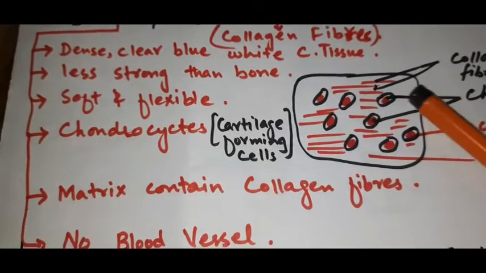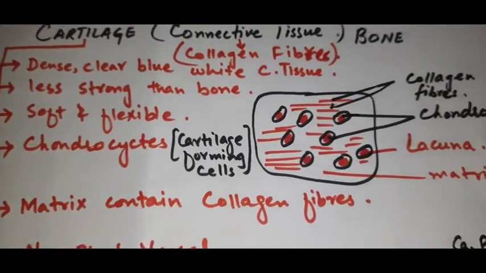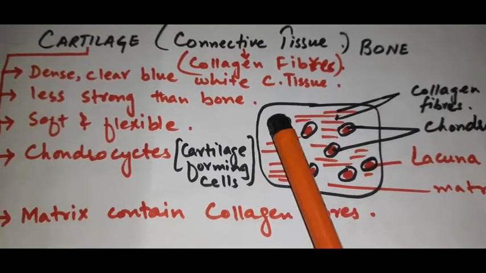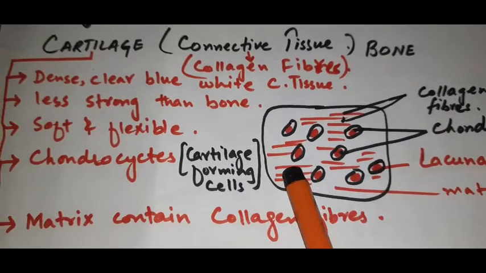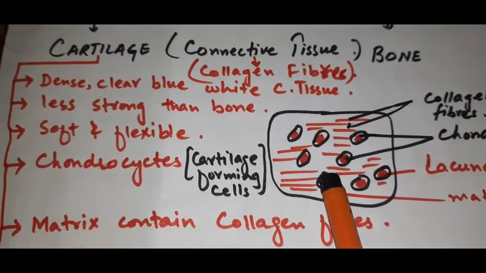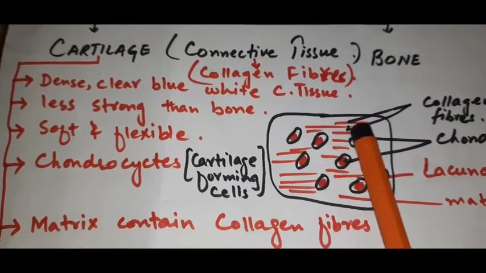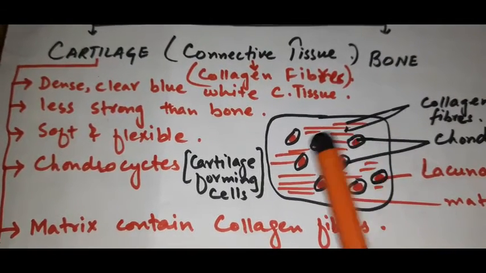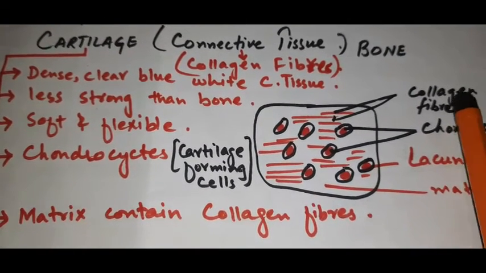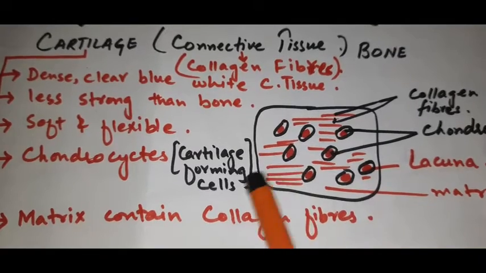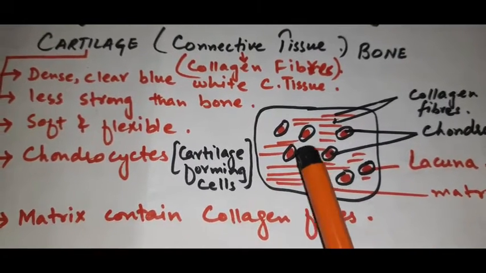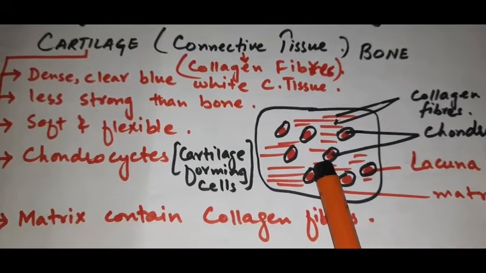And look at this diagram here. I have tried to show the cartilage. Here we have the matrix, the gel-like substance, right? The ground substance, an amorphous gel-like substance, which is present in the extracellular space. This ground substance contains collagen fibers, which are arranged in a parallel manner, right? The cells of this cartilage are known as chondrocytes.